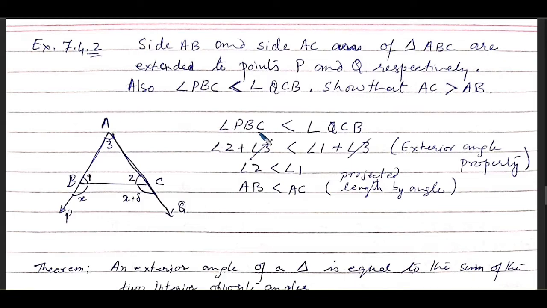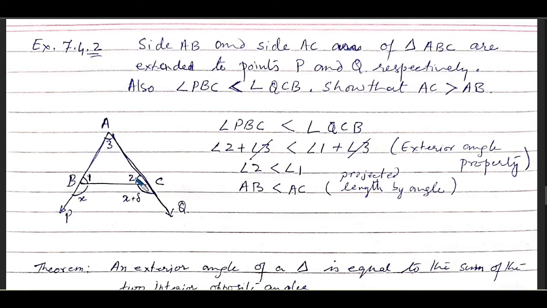So I have written angle PBC is less than angle QCB. And angle PBC is what? This is an exterior angle of this triangle here. Exterior angle X. X is angle 2 plus angle 3. We have to go back and see it. Exterior angle is the sum of opposite two internal angles.